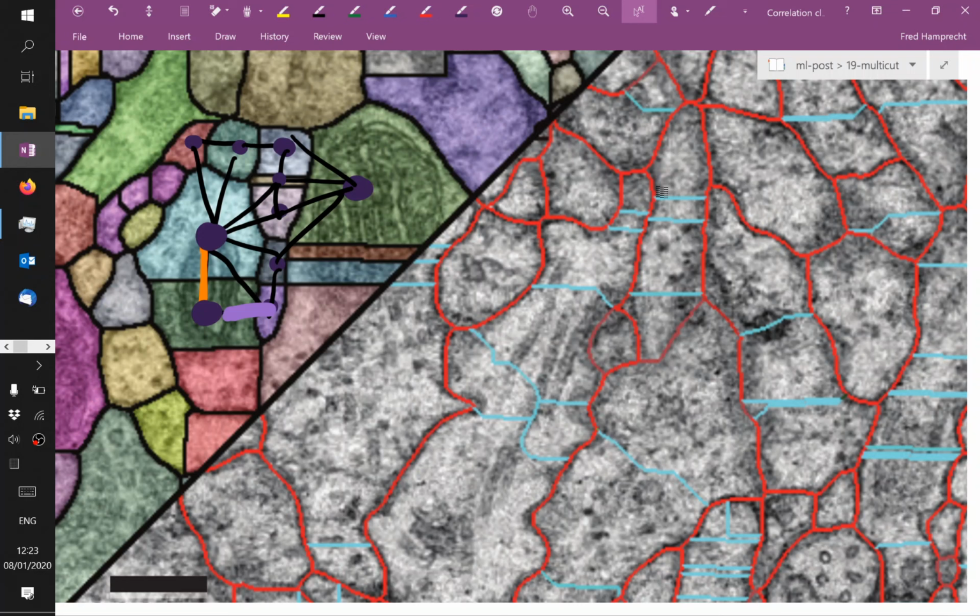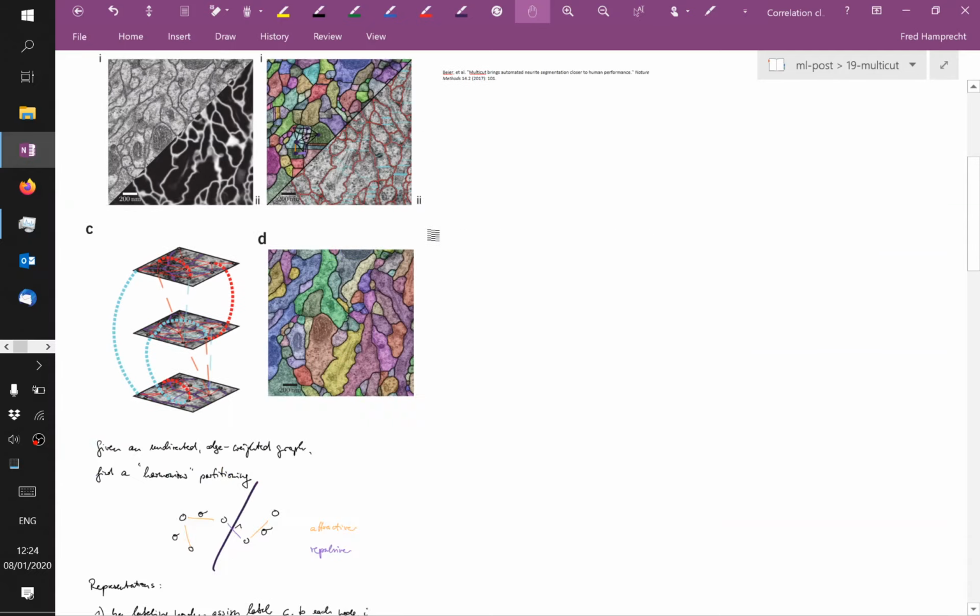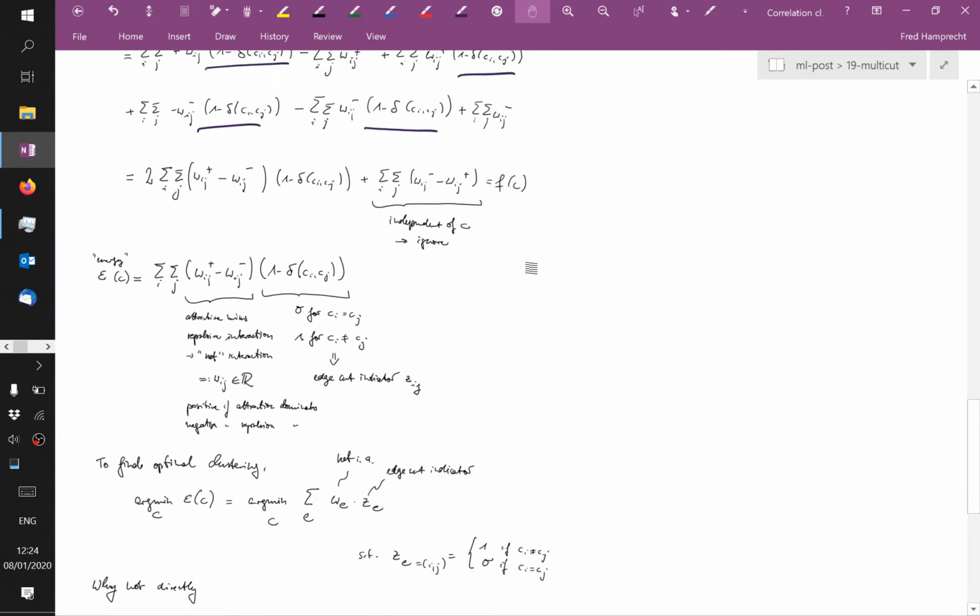So if this here were ground truth, then the neural network would have been trained to say, don't cut, cut, don't cut, don't cut, cut, etc. So this is where we get the W's from. Or you use a random forest or whatever.